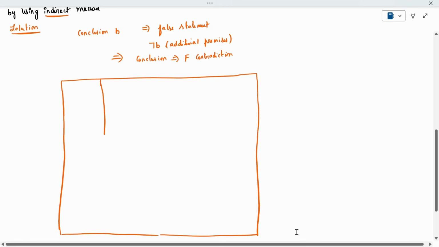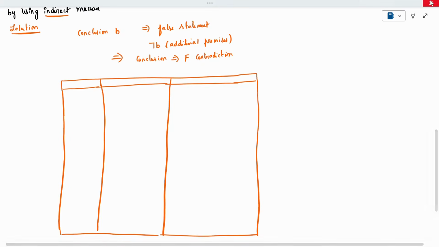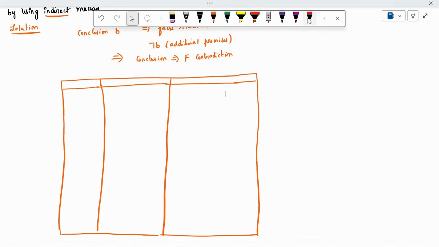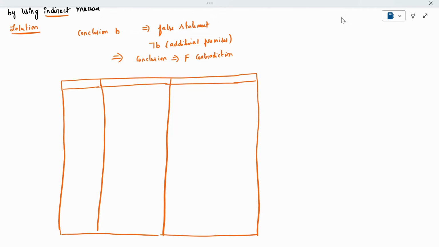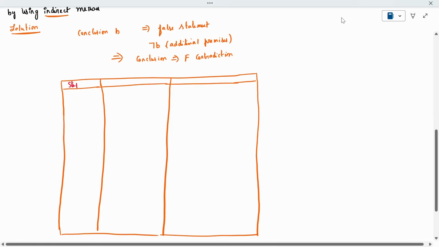Step number, statement, reason. What is the reason?